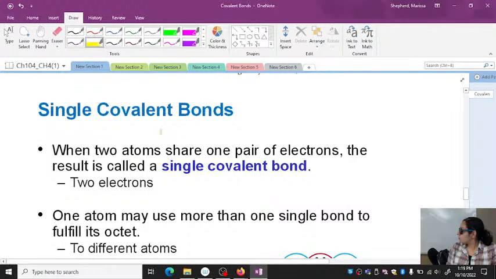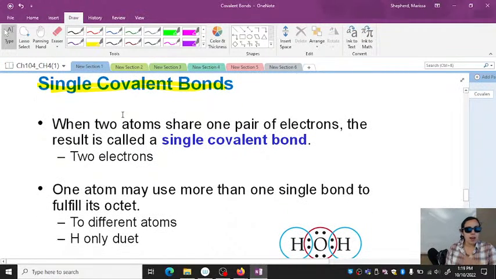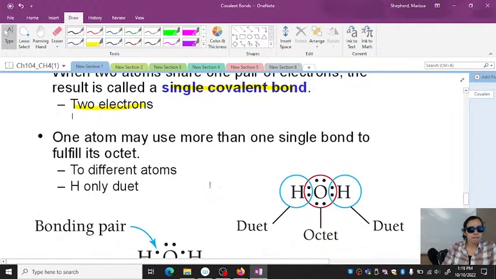And now we'll formally define the different types of bonds. Normally, we just expect things to make a single covalent bond. When two atoms share one pair of electrons, that's called a single covalent bond. So again, 2 electrons, 1 pair, just like we saw in the oxygen water example earlier.